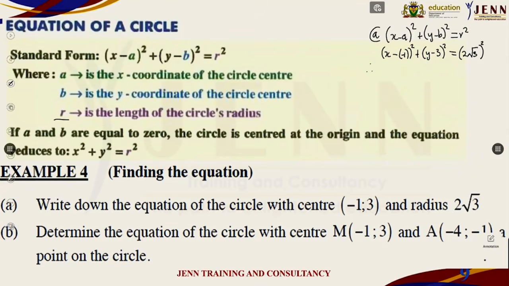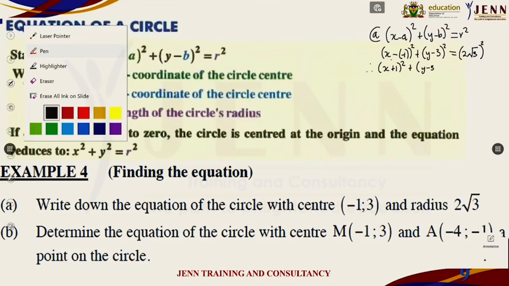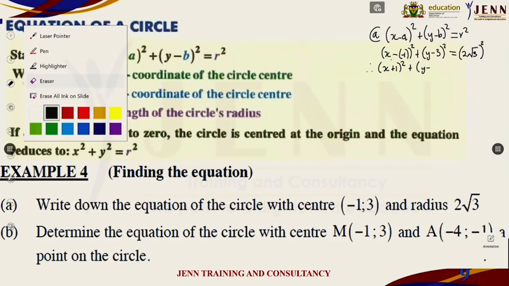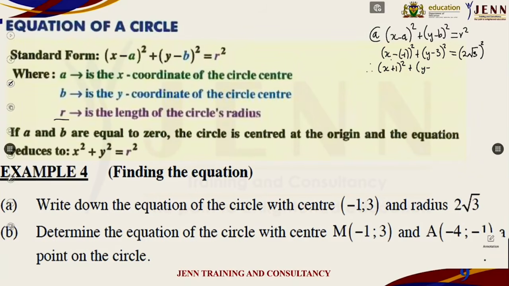Therefore, our answer is going to be: x minus negative 1 gives a positive, so (x + 1)² + (y - 3)² equals, then you simplify.